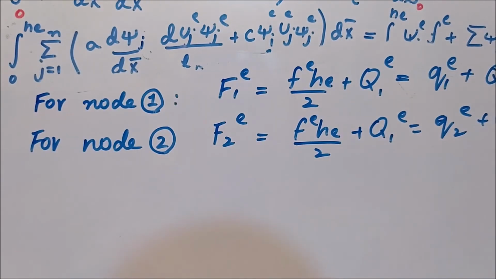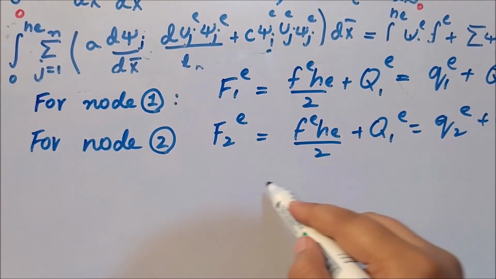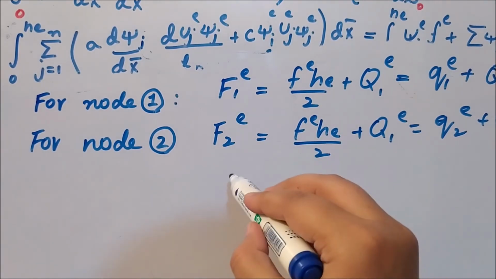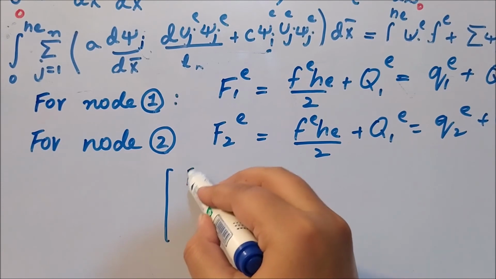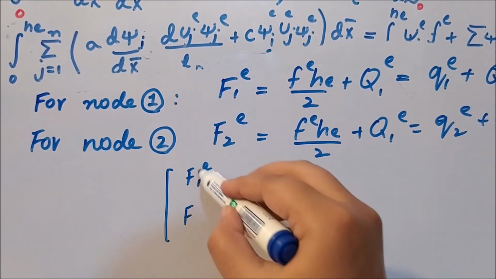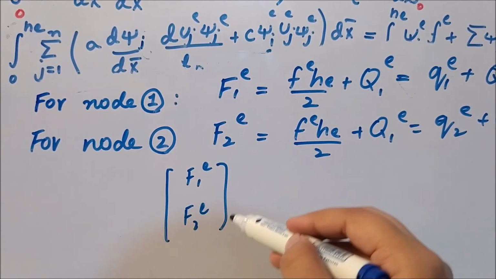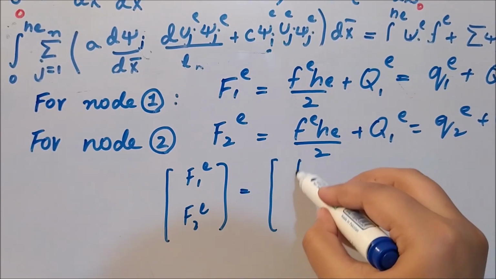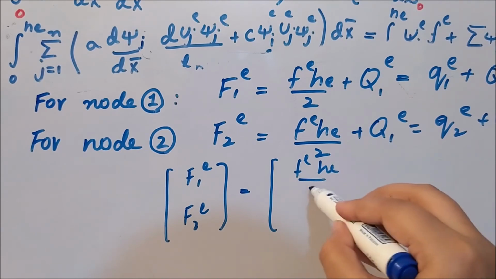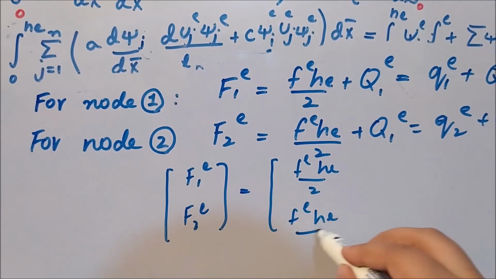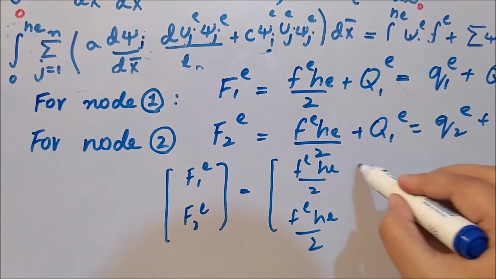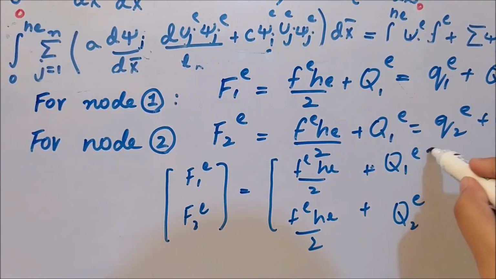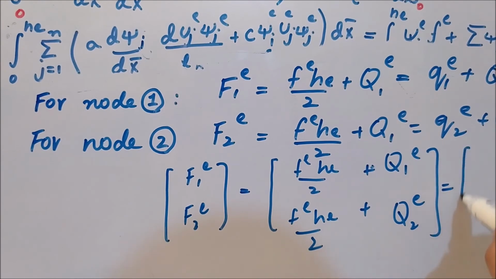So if we have to convert it into matrix form, because initially what we have is a force vector, writing it for any nth element that is linear, we have 2 nodes per element, and that is equal to this part that is the continuous or discrete part, and this part that was a nodal load.